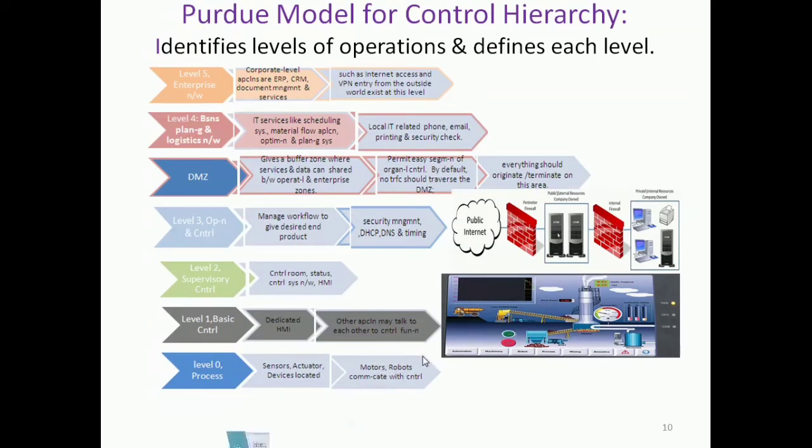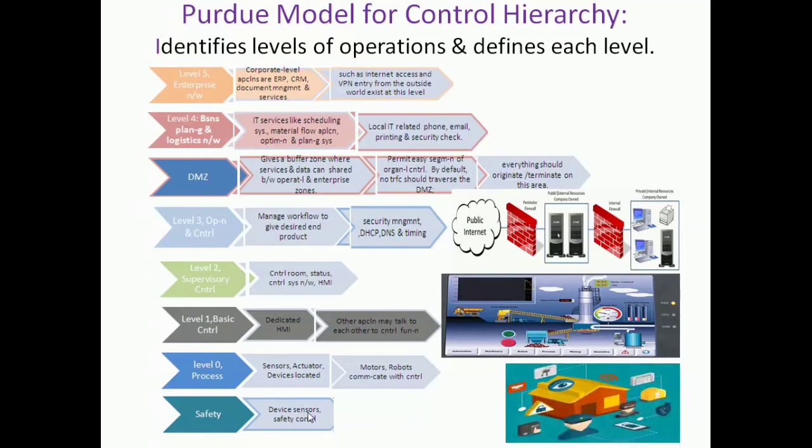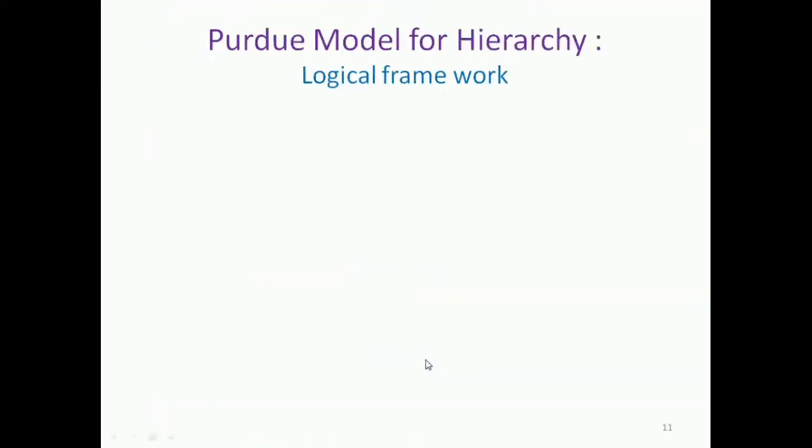Finally, we have the safety level, where device and sensor safety controls are installed, to monitor all the devices in a secure way and manage the safety functions. So in this Purdue model for control hierarchy, there are 5 levels including safety and the DMZ, the demilitarized zone, which is the best practice in industry for IoT.